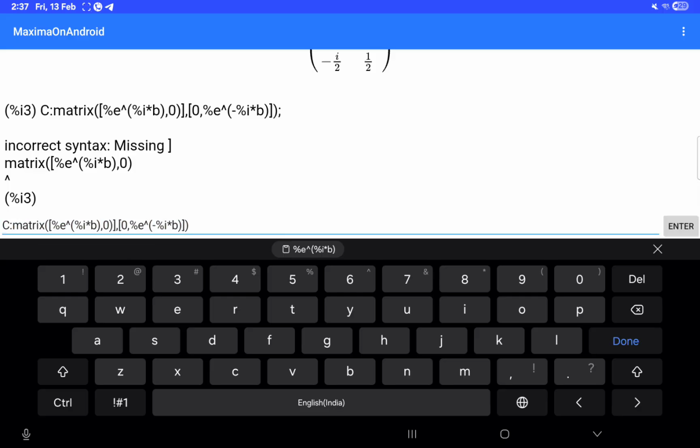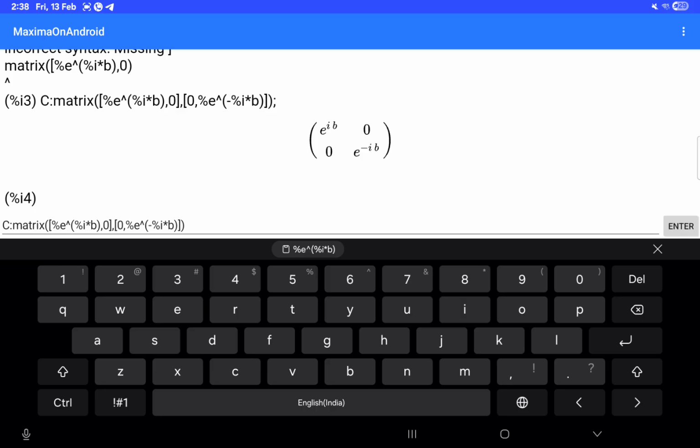Oh, come on. Where did I miss the... Okay, I fixed it. And now finally I have to just do that thing.